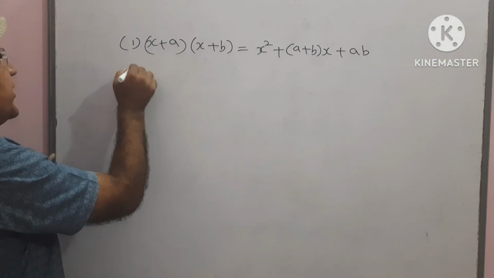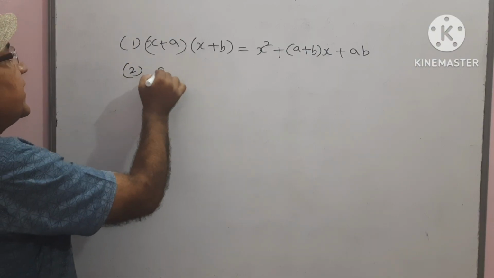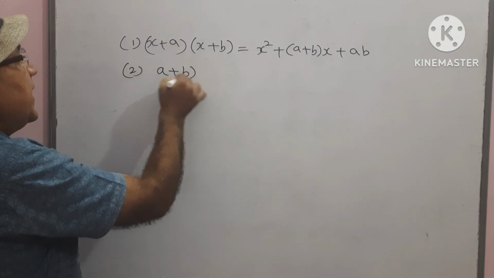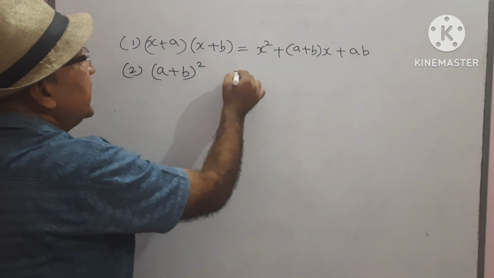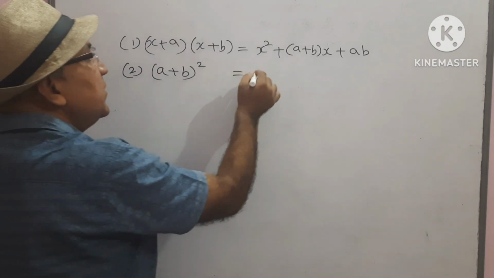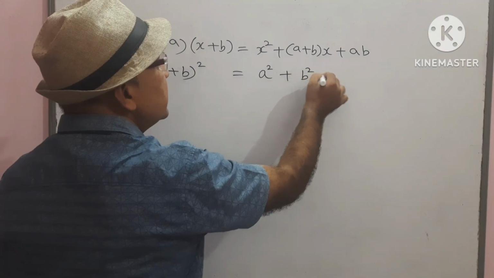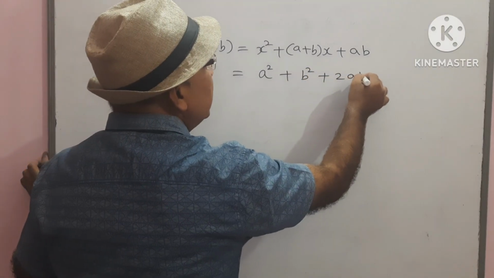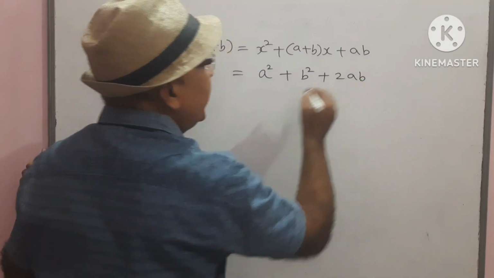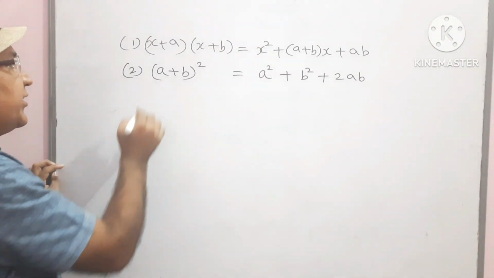Now the second identity is (a + b)² = a² + b² + 2ab. This is the second identity.